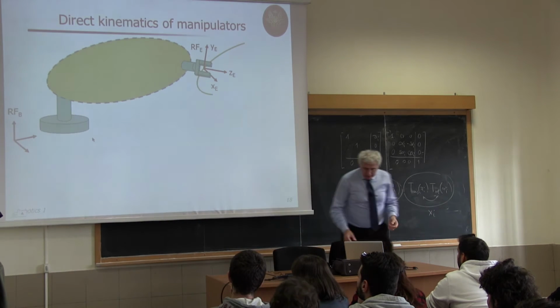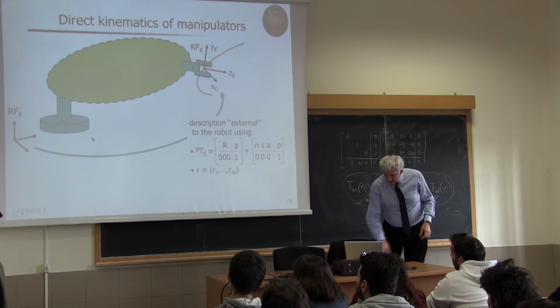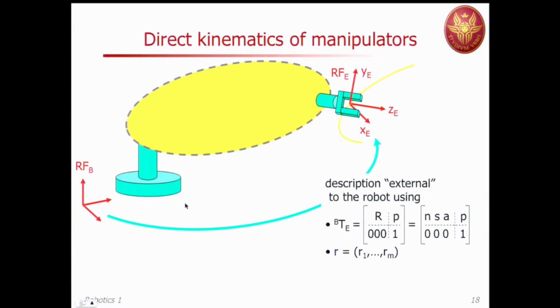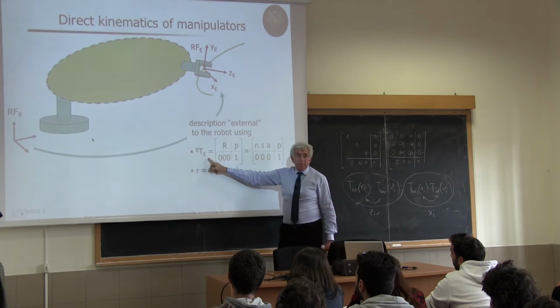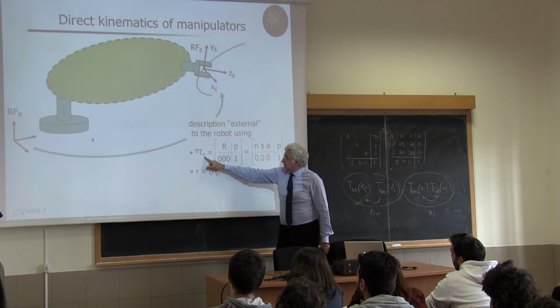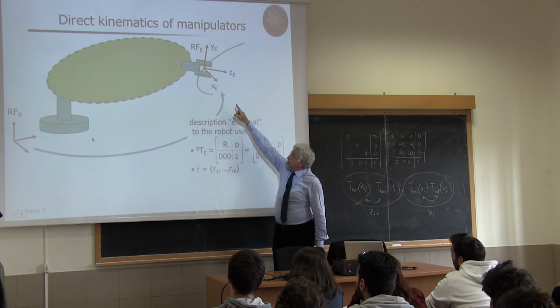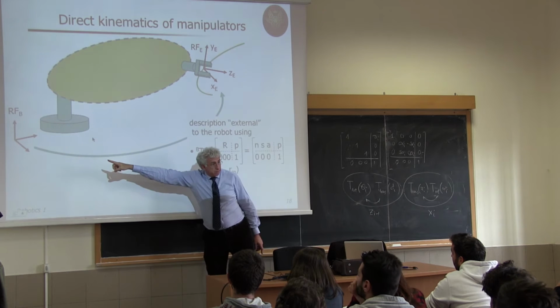And you have indeed some frame, some axis. If you forget about the robot, in order to position and orient that frame, you will need a homogeneous transformation matrix, which is not without cause written like this, T superscript B subscript E, because this characterizes the position and orientation of E with respect to frame B. Okay?